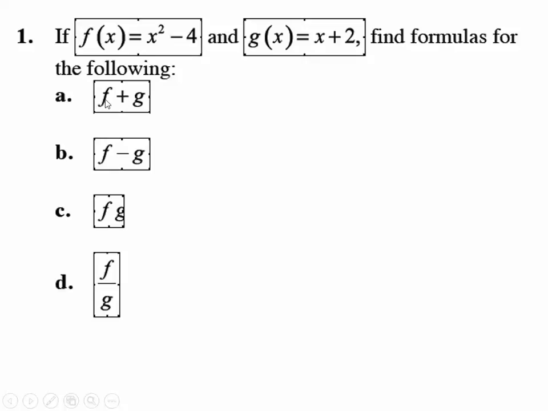And we want to figure out what in the world is f plus g. Notice it doesn't have a variable in here. Since it does not have a variable, you assume it's a variable of x. So if you just write f plus g, we assume it's really f plus g in parentheses of x.